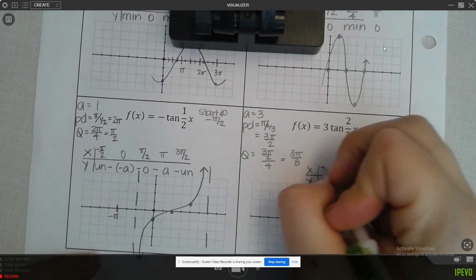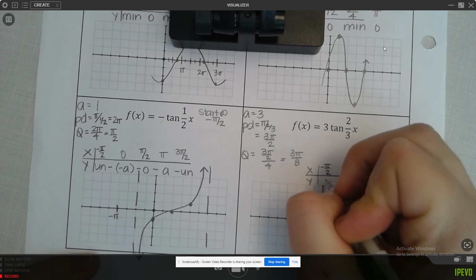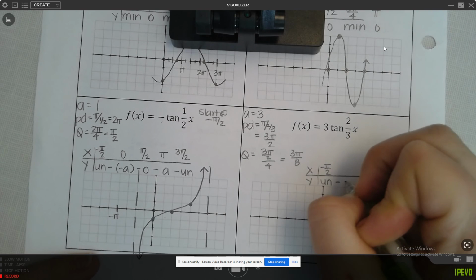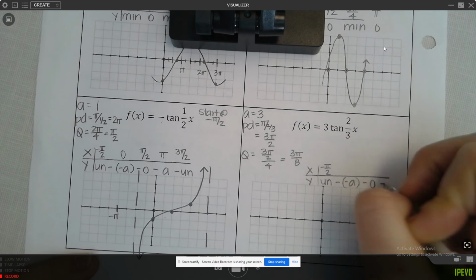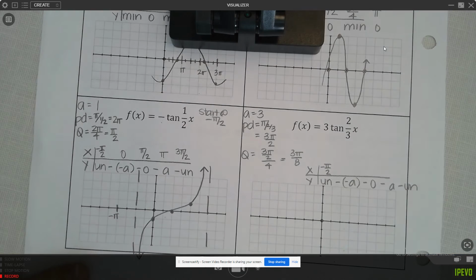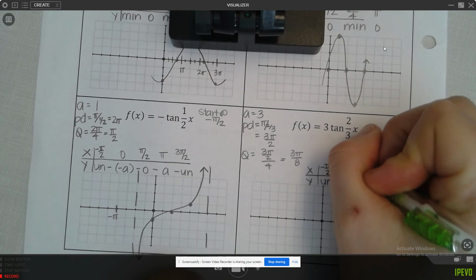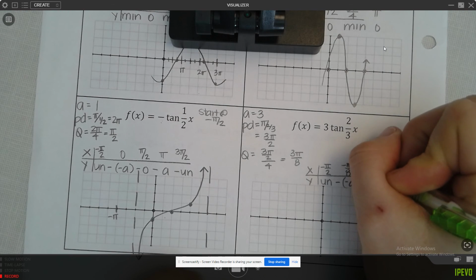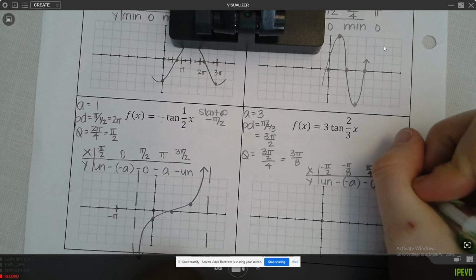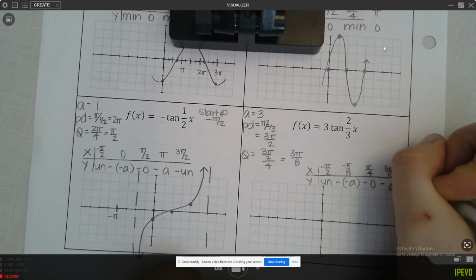So I start at negative pi over 2. So it's undefined. Negative a, 0, a, undefined. Now I'm adding 3 pi over 8. So this is like negative 4 pi over 8. So this is negative pi over 8, 2 pi over 8, which is pi over 4, 5 pi over 8, and it ends at pi.